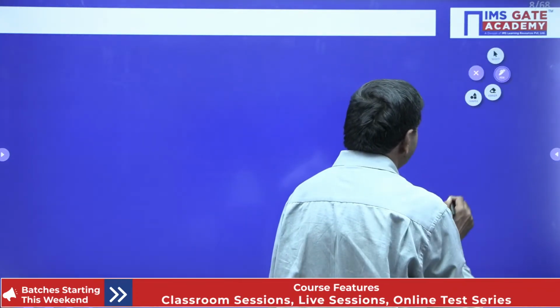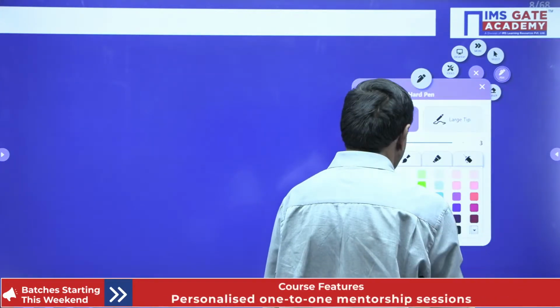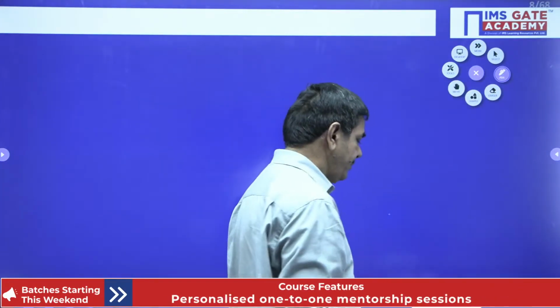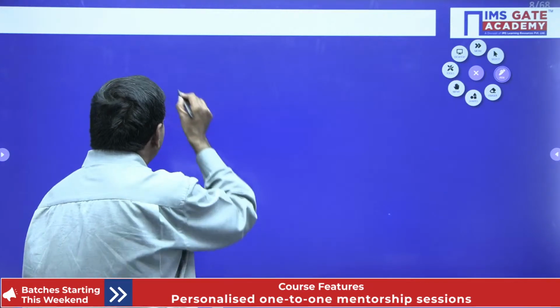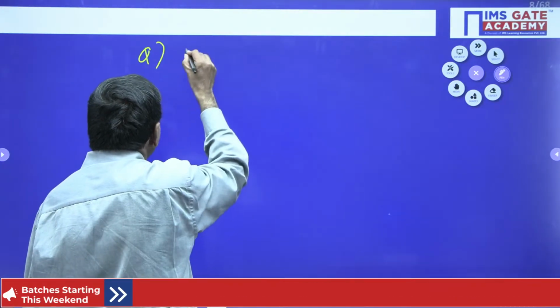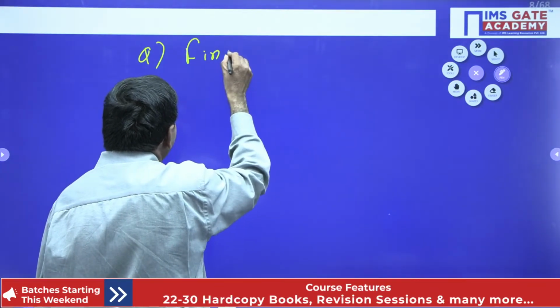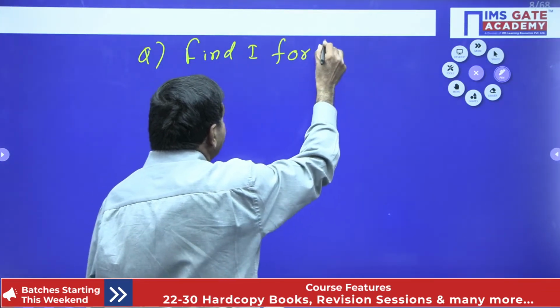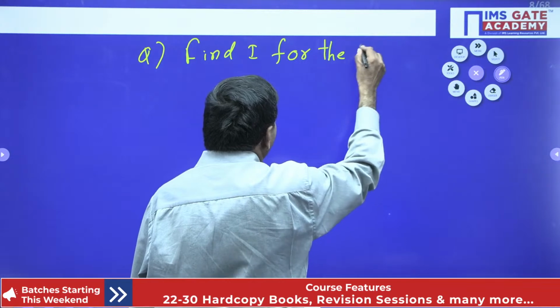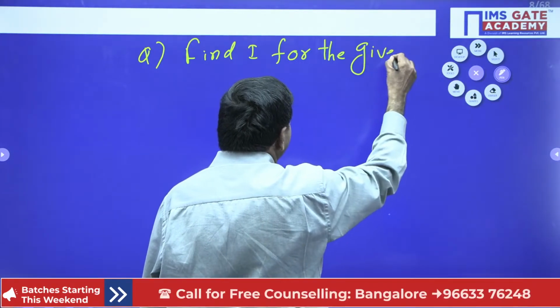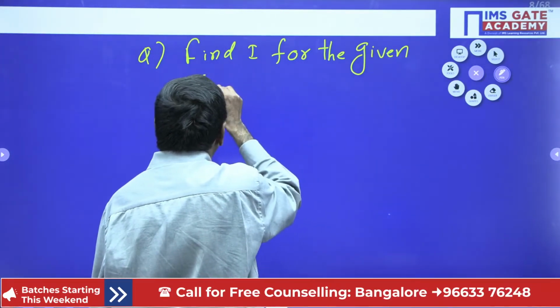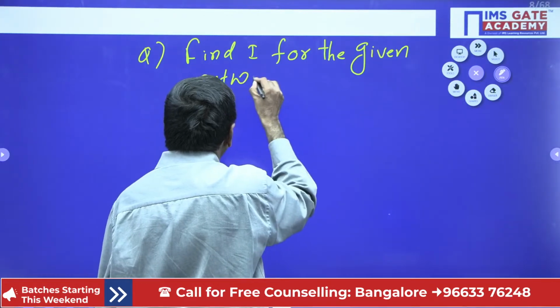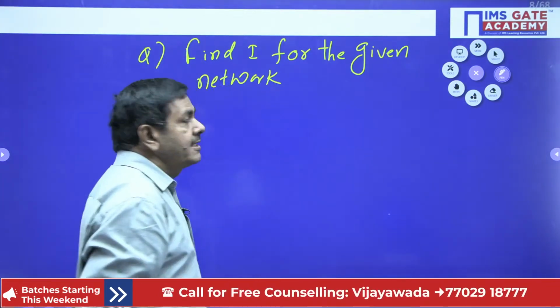Yes, I will start this question now. One more question I will start. It's a very simple question. Find I. I'm asking to find I for the given network. What network is given in this question?